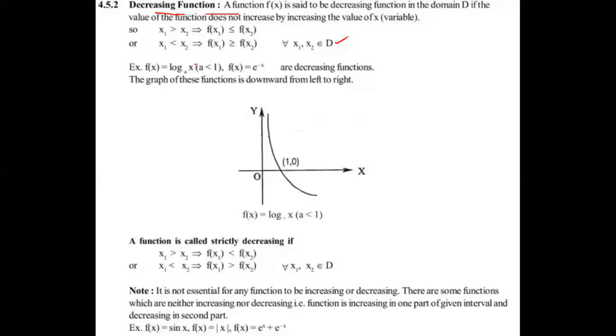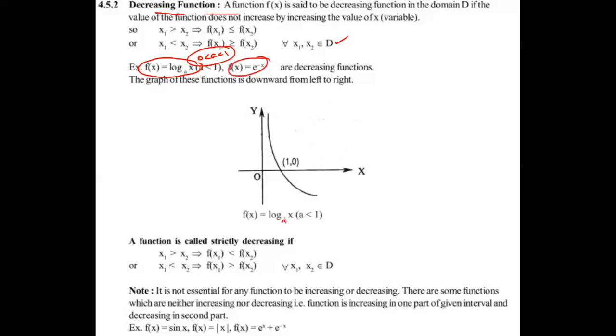Just to discuss now: f of x is equal to log x to the base a. Here you should understand a should be between 0 and 1 only. Be careful. Please write this point. F of x is equal to e power minus x.